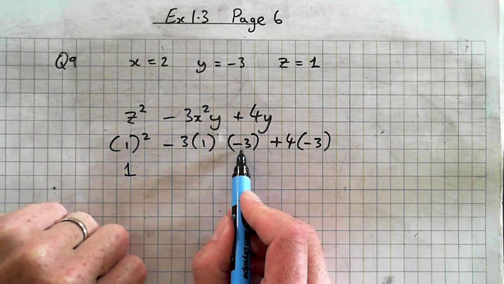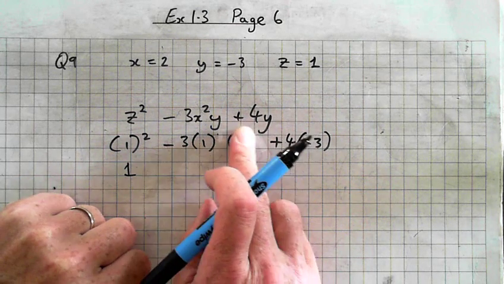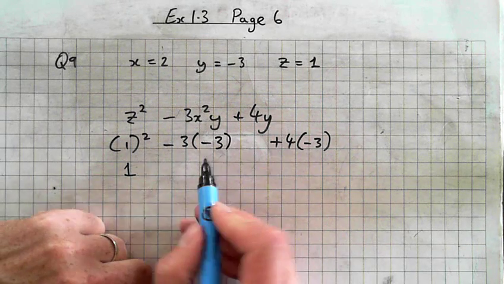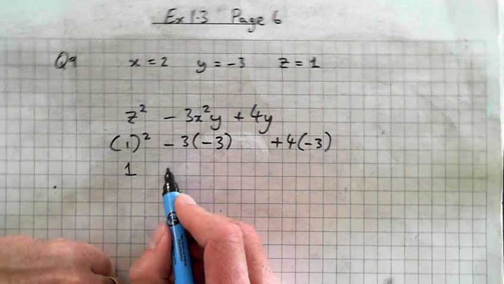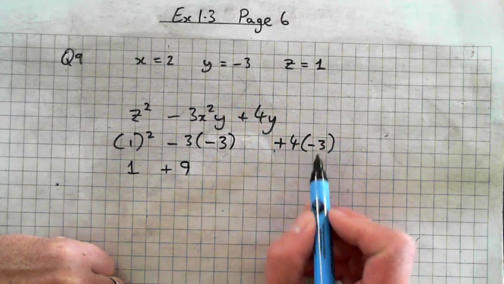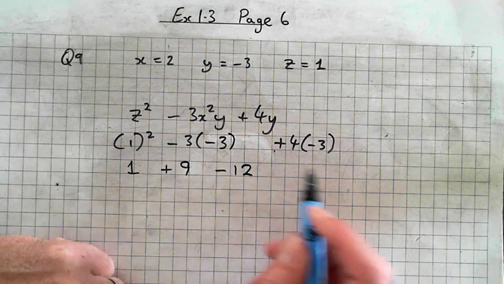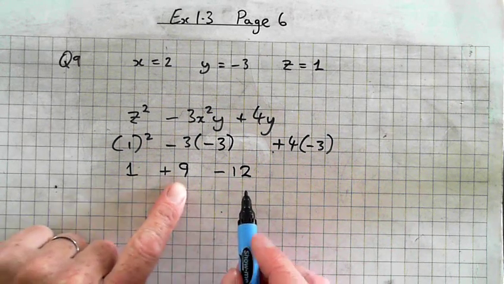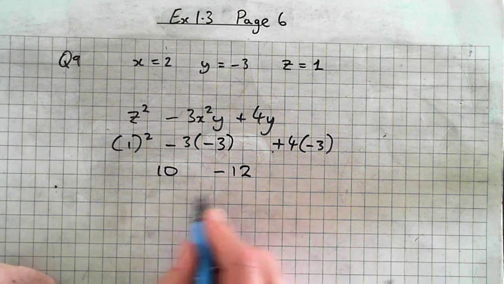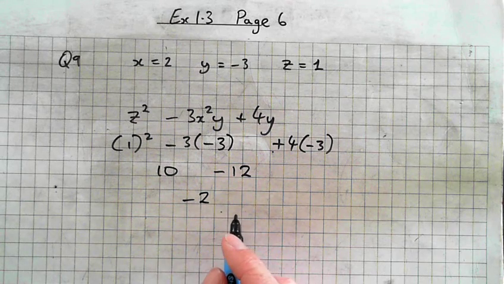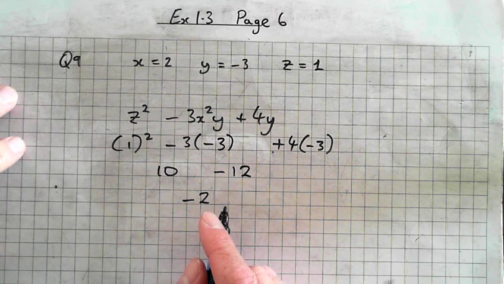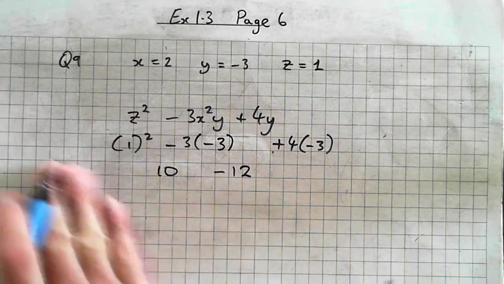Now we multiply minus 3 times 1. Multiply those two. Minus 3. Minus 3 times minus 3, plus 9. And over here, plus 4 times minus 3. Okay, so 1 plus 9 is 10. What's 10 minus 12? Minus 2. You following all of that? If you're watching, you are. That's question 9.